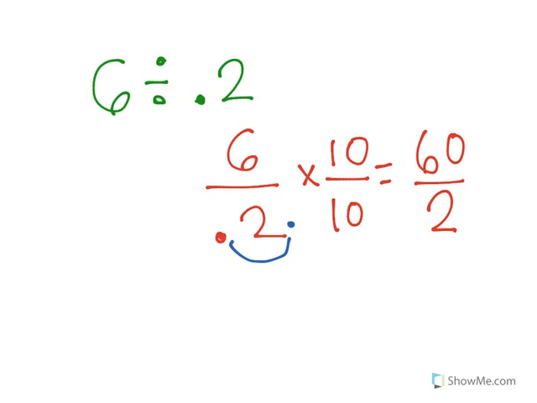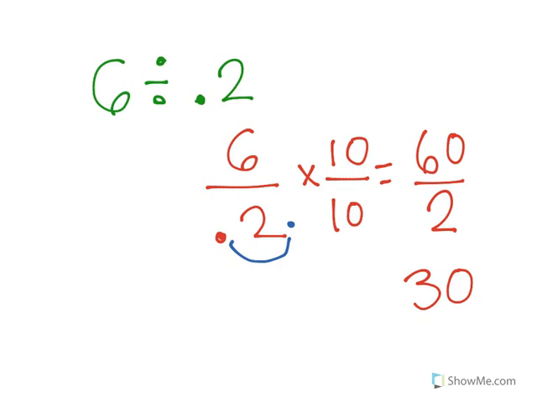So if I multiplied 2/10 by 10, I get 2. That means 6 divided by 2/10 is 30, or 60 divided by 2 gives me 30.